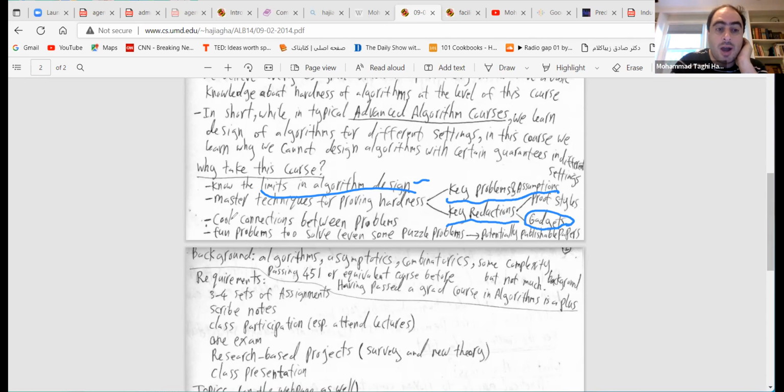And there are cool connections between problems, as I mentioned. It's interesting that two problems seem very unrelated. This has happened several times for us. It turns out this problem is in game theory, this problem is wireless communication, and it turns out all of them are actually the same problem.